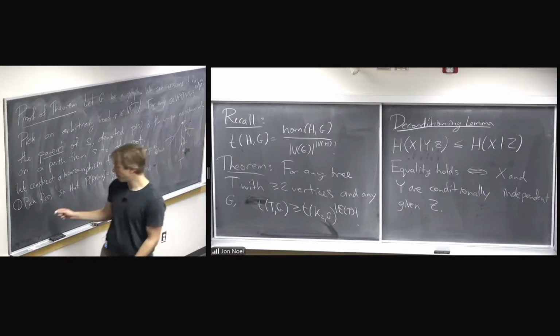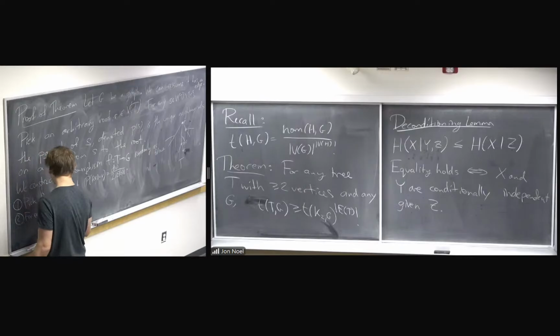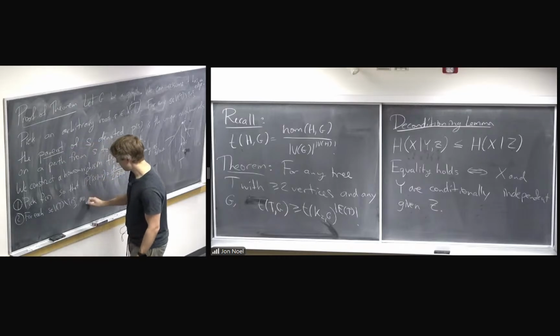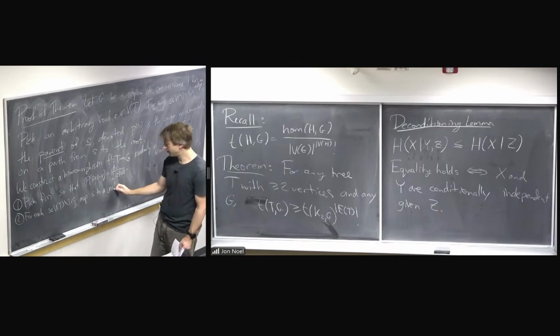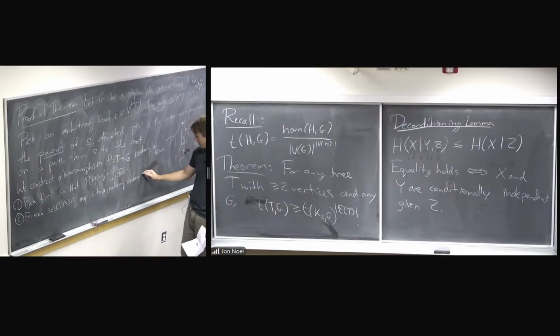So basically, for each S in the tree that's not the root, map S to a uniformly random neighbor of f of its parent.